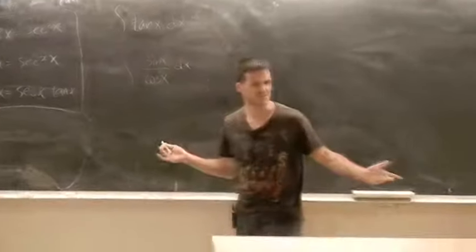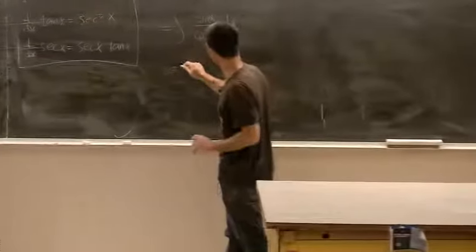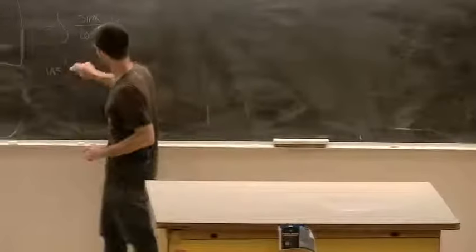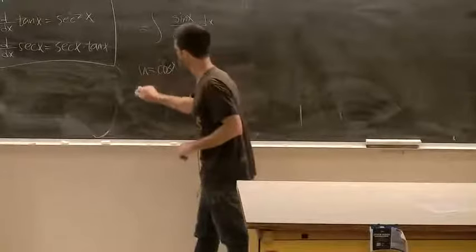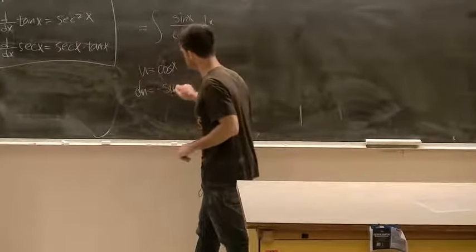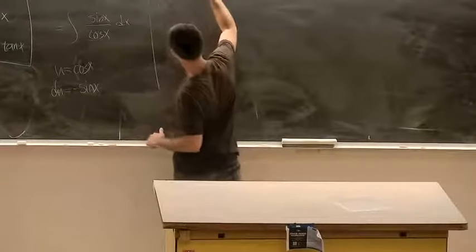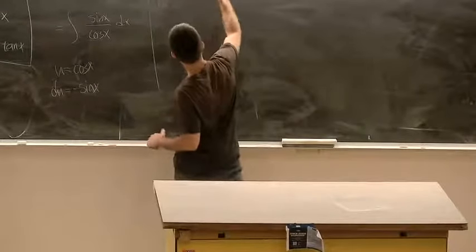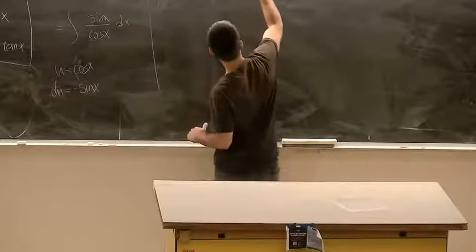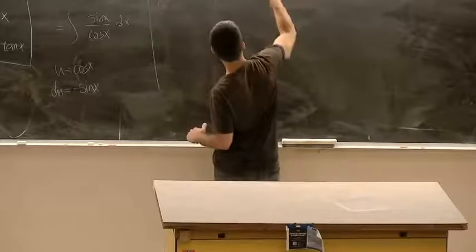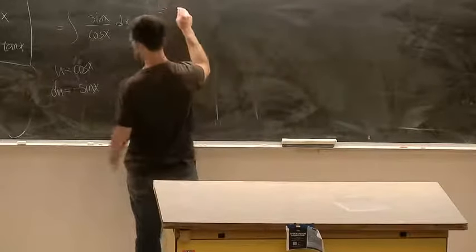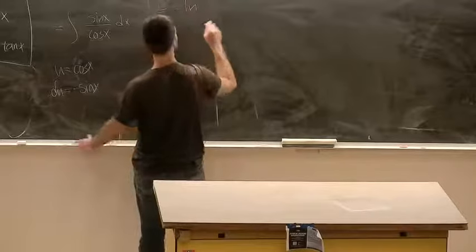Oh, and this is actually just a u substitution problem. If u is equal to cosine of x, then du is negative sine of x, so this is equal to negative du over u. So that's negative ln of u, which is negative ln of cosine x.